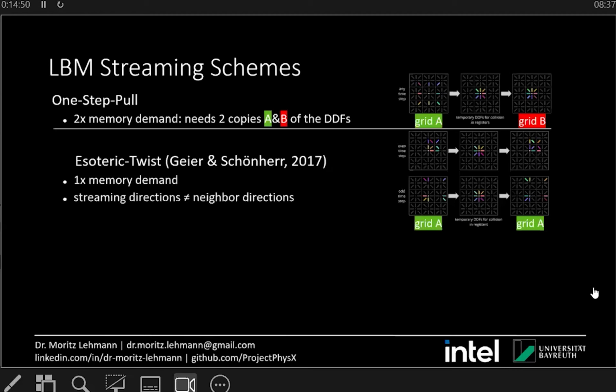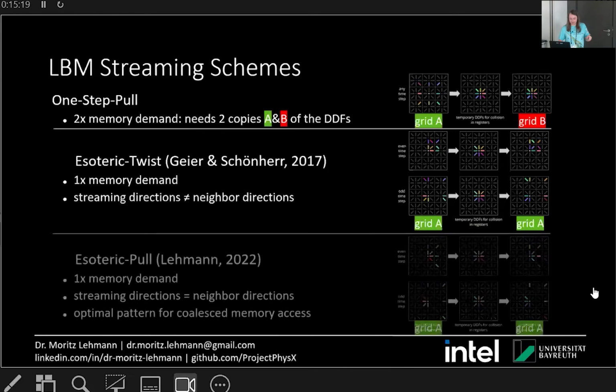And the trick here is that the load and store positions are always the same for the even and the odd time steps respectively, so they can get away with 1 copy of the grid in memory. The difficult thing here is that the streaming directions are not the neighbor directions. In 2D, this population, they are not like down here, which makes implementation a bit of a pain.